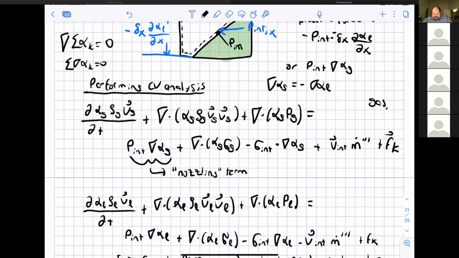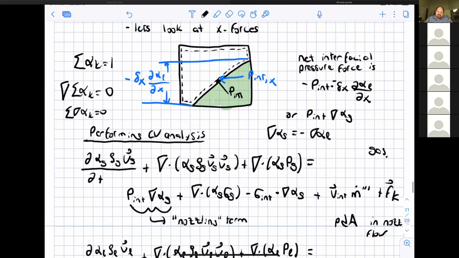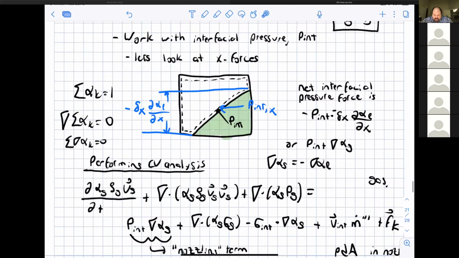The reason it's called a nozzling term is because it is analogous to the P dA term in nozzle flow. Right, so you could imagine that if I had this control volume and gas flowing through it, think of this as like a channel.